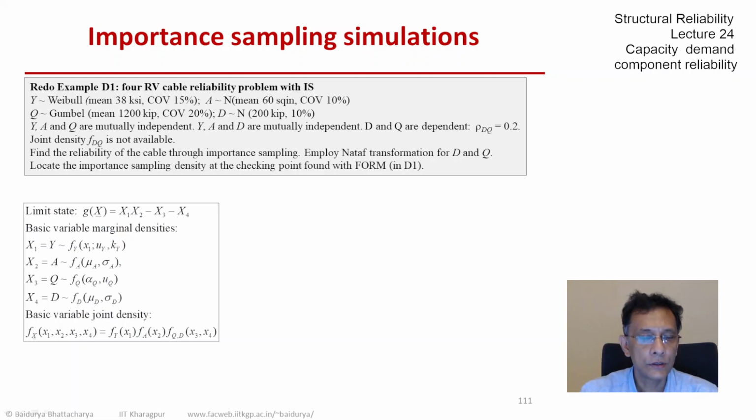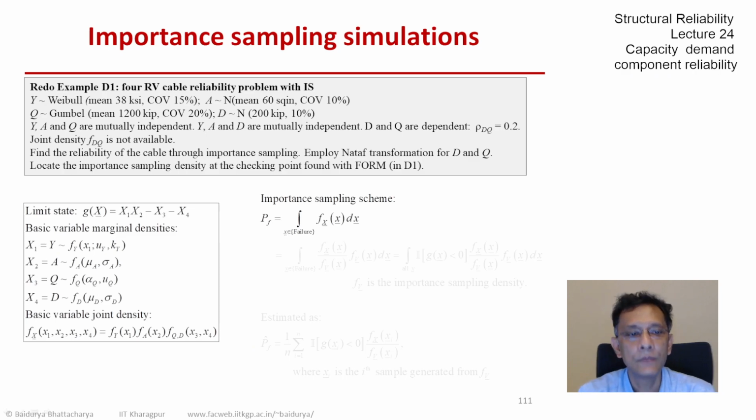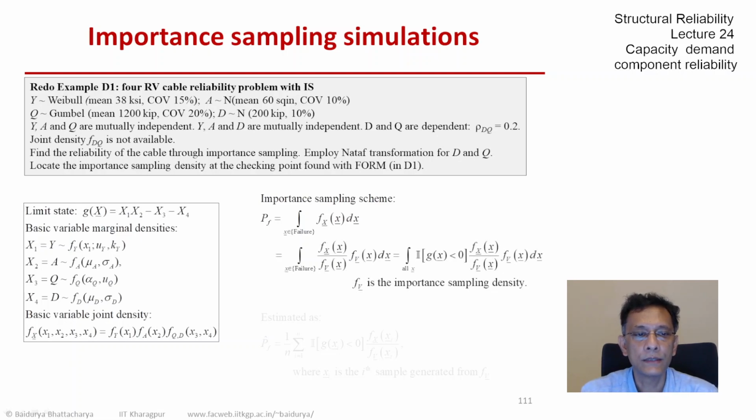The importance sampling scheme, for completeness, we list it here. The failure probability is estimated as the expectation of I fx over fv. And these x's are generated from the density function fv.